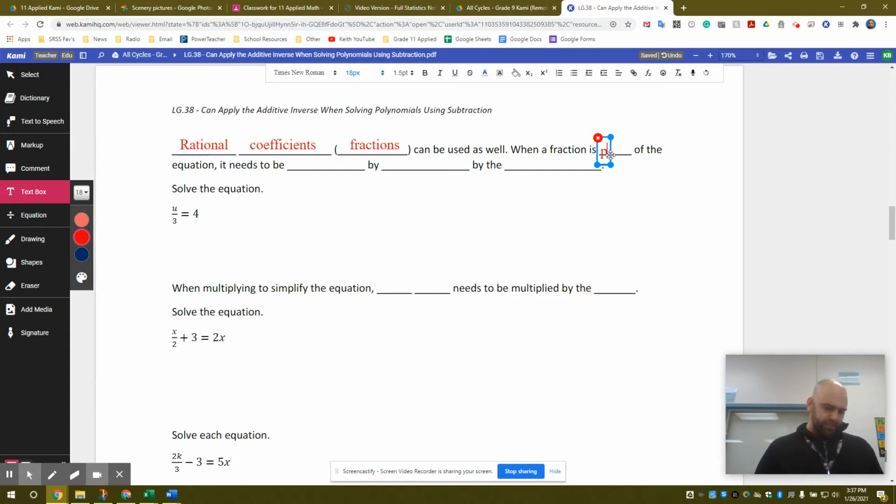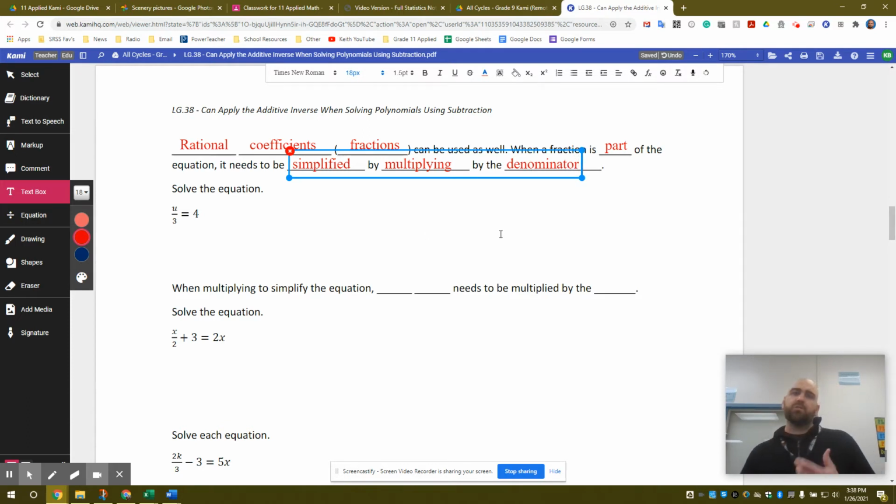So when a fraction is part of the equation, to solve for a variable, it needs to be simplified by multiplying by the denominator.